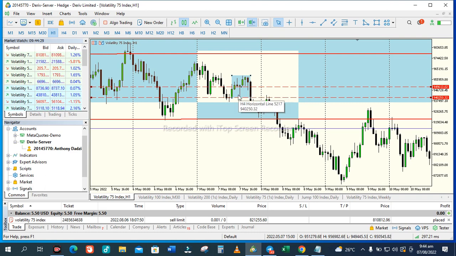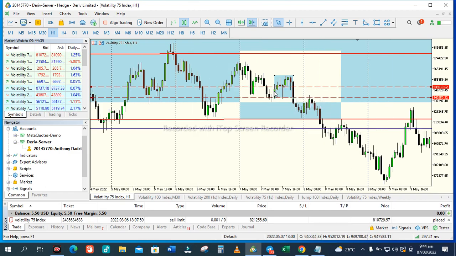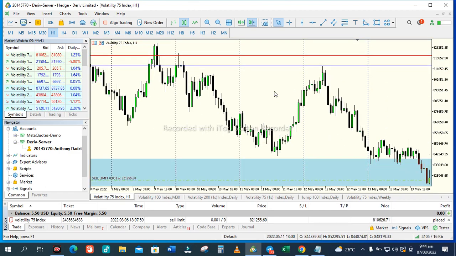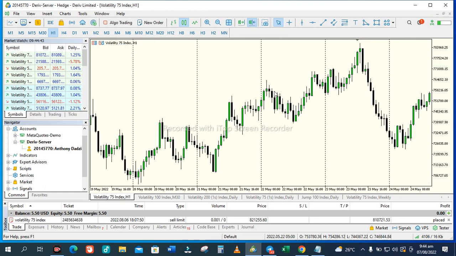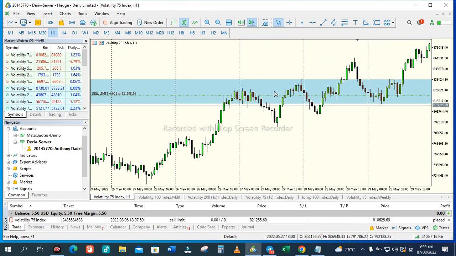Don't be confused. There is this long bullish wick which shows us that the gap has already been closed, so there's no gap here. But let's see what price did when it came back to that level.